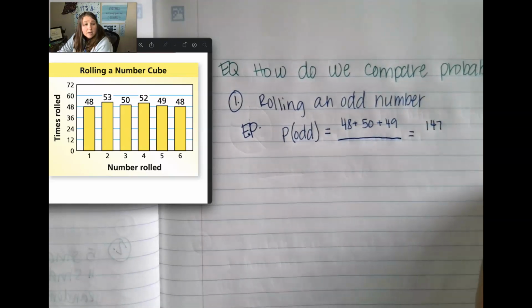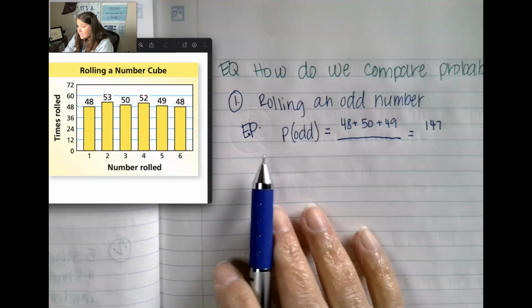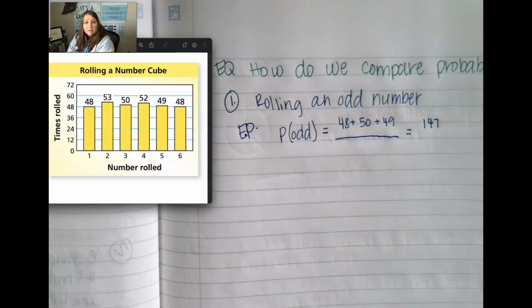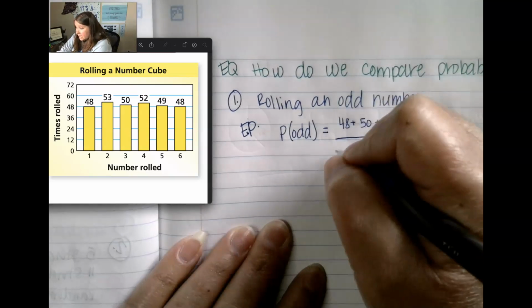On the bottom, it's the total number of rolls. Well, the total number of rolls that happened would be adding up 48, 53, 50, 52, 49, and 48.